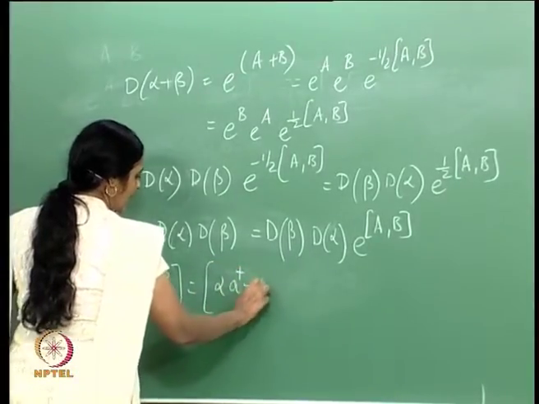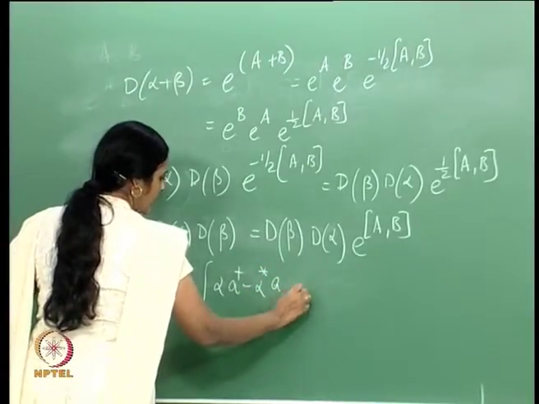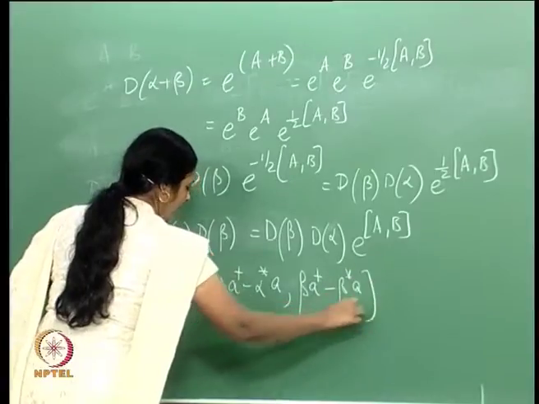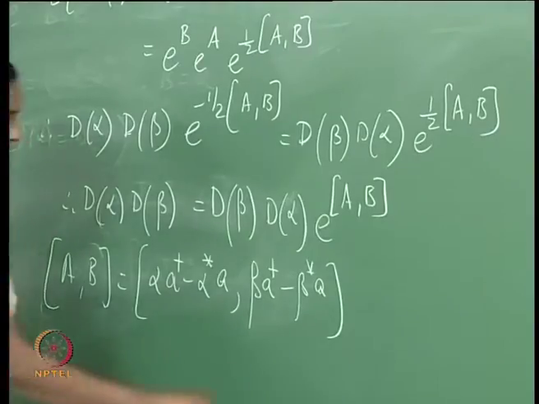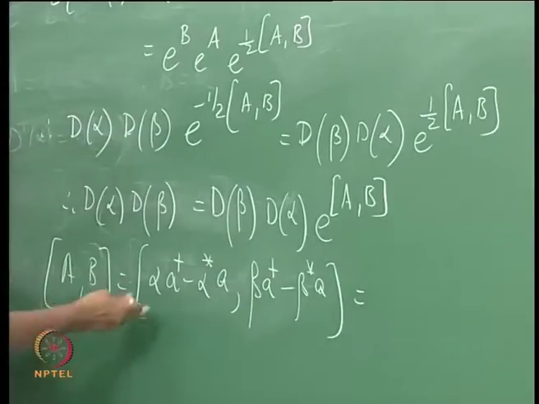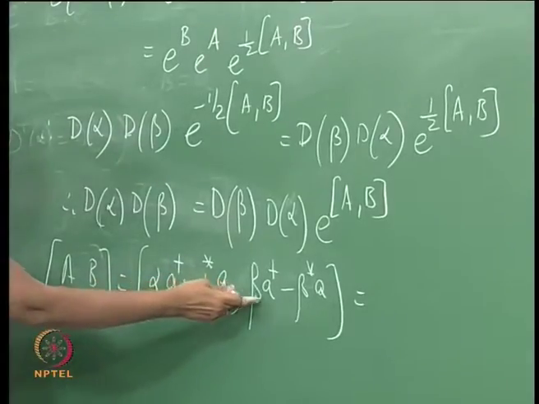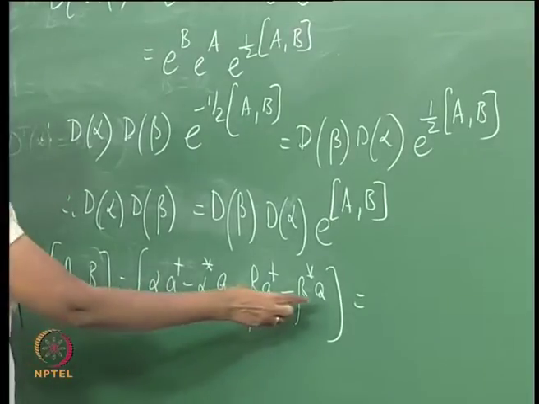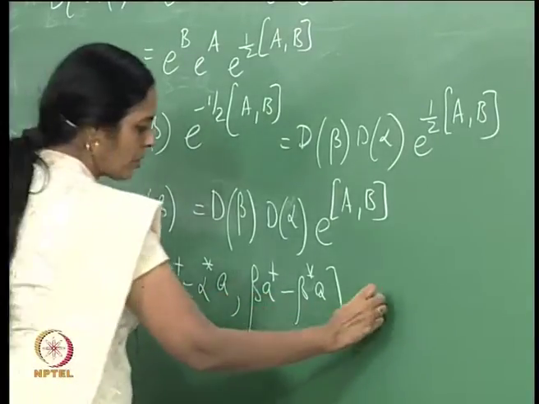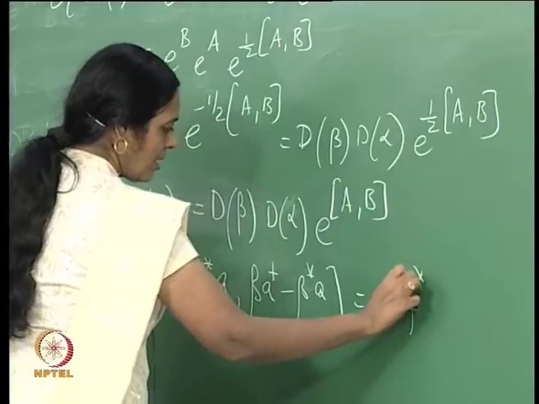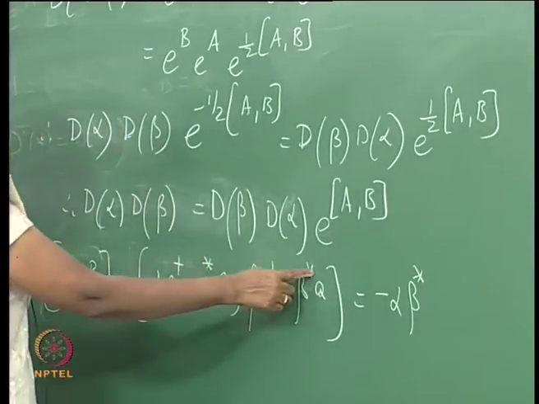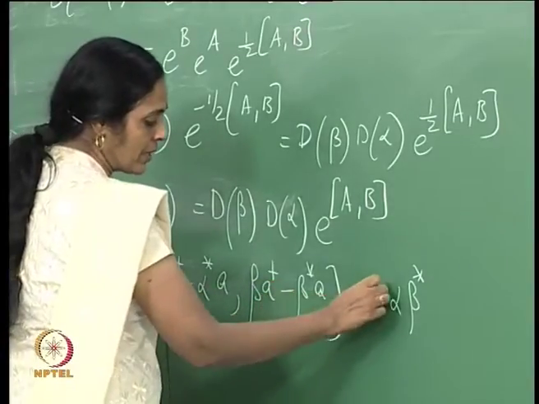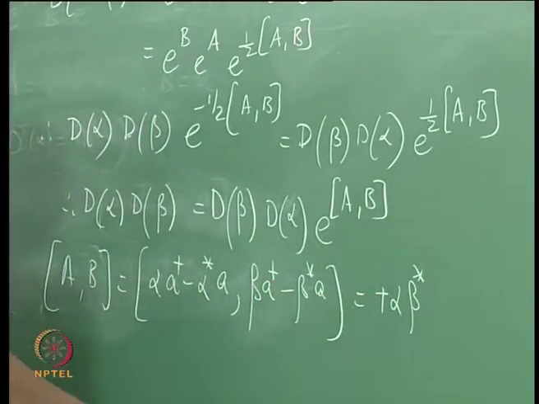Alpha a dagger minus alpha star a, commutator with beta a dagger minus beta star a. Alpha a dagger commutes with beta a dagger, but alpha a dagger with minus beta star a gives me a contribution, which is alpha times minus beta star commutator of a dagger with a, which is minus 1, therefore giving me a plus sign there.